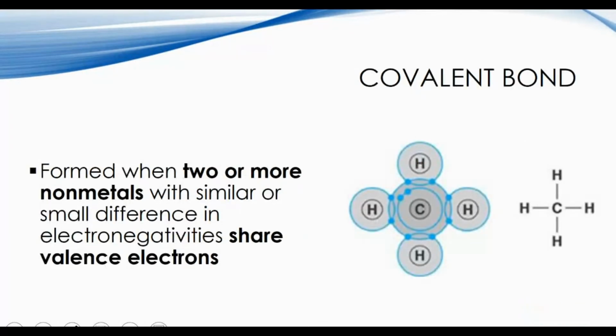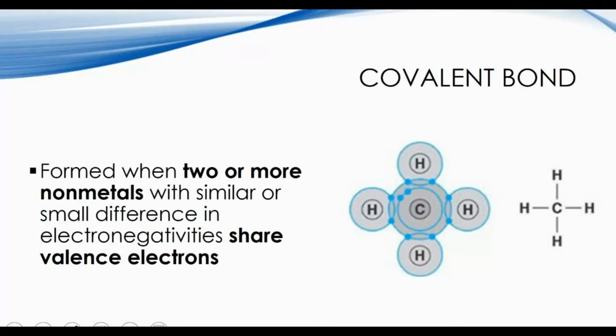Now, when it comes to covalent bonds, it's slightly different, but the purpose is still the same. They are formed when we have two or more nonmetals with similar or small differences in electronegativities. If we recall electronegativity, it accounts for the fact that some atoms are better than others at attracting the electrons of other atoms.